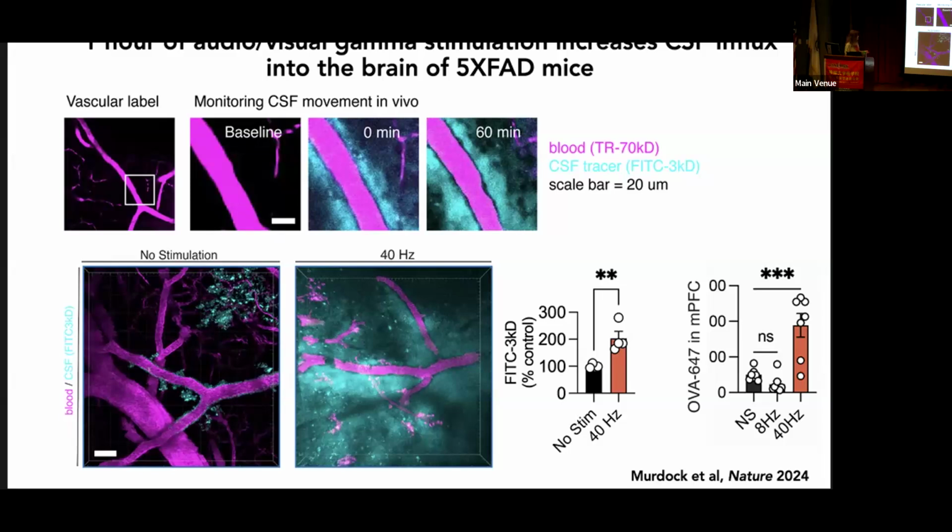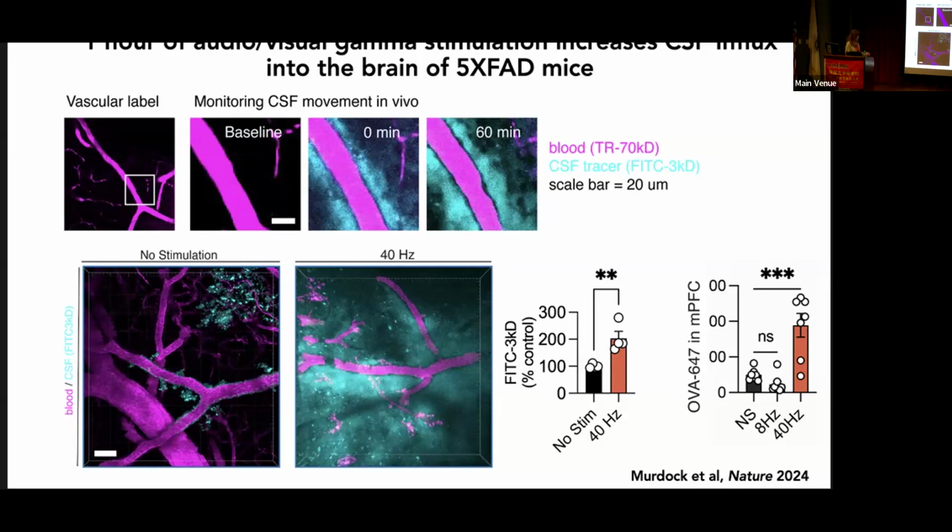With this, he then compared the CSF intensity in the brain before and after 40 Hertz audiovisual stimulation. And what he found is that this stimulation profoundly increased the CSF intensity in the brain's parenchyma.